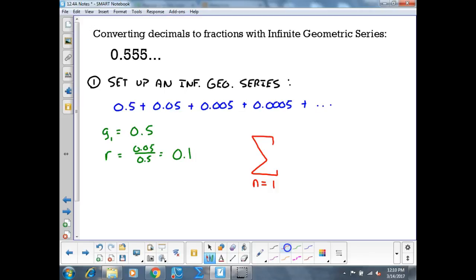Infinity. Goes on the top. Now we put the rule. So what's the rule going to be? 0.5 times 0.1 to the n minus 1 power.